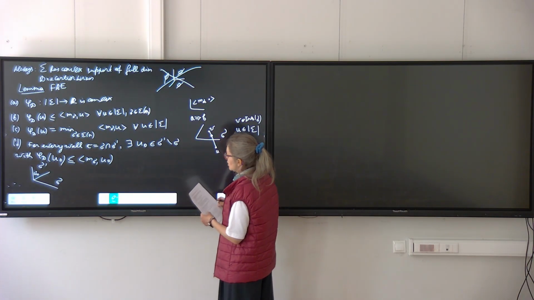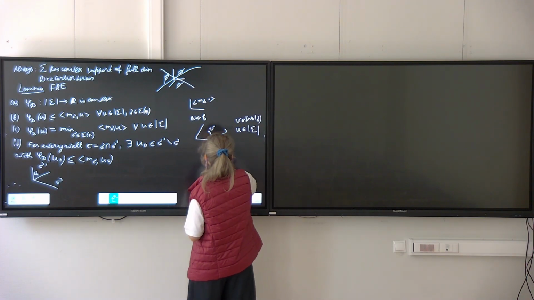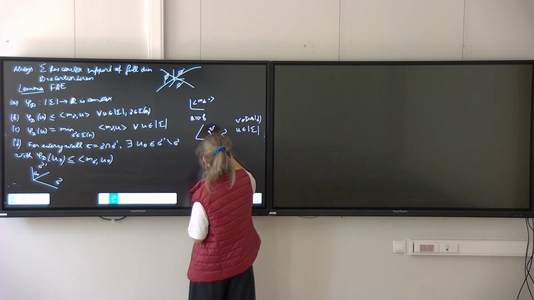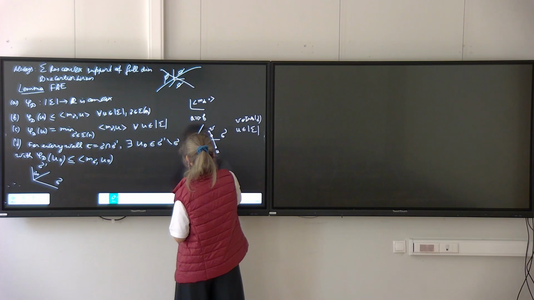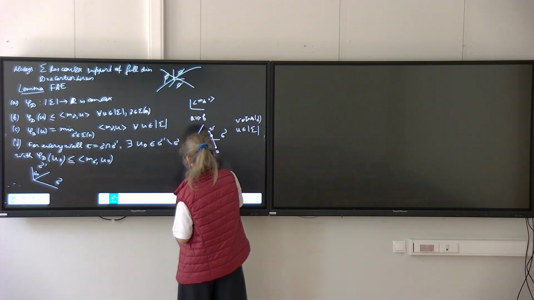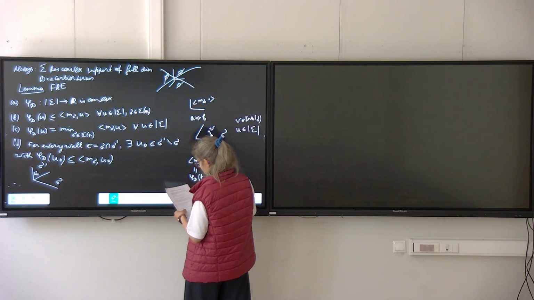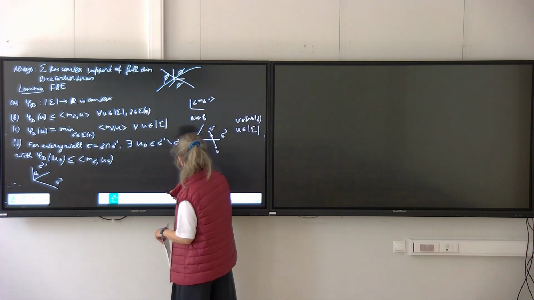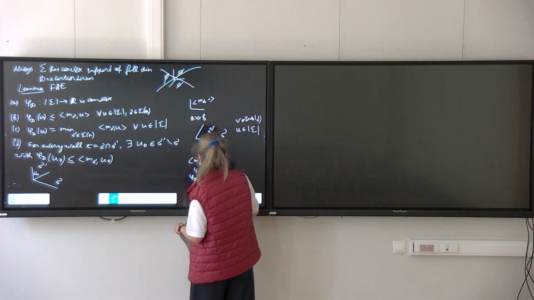And let us write the convexity condition. Phi d at this point, since it is in sigma, will be given by m sigma at the point t u plus 1 minus t v.